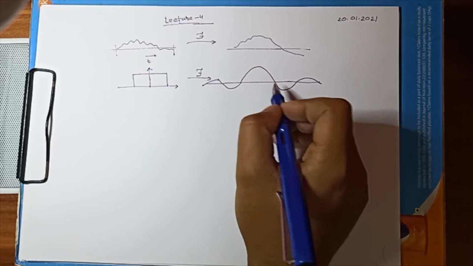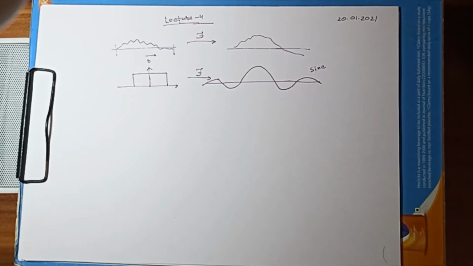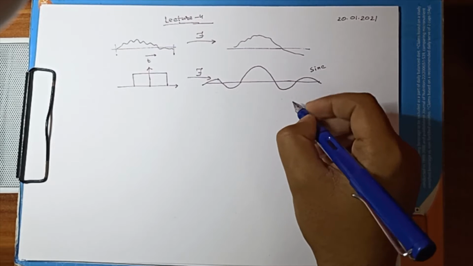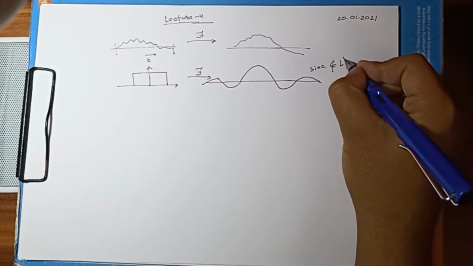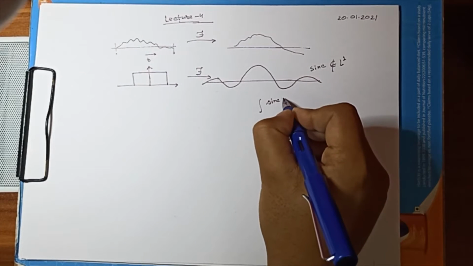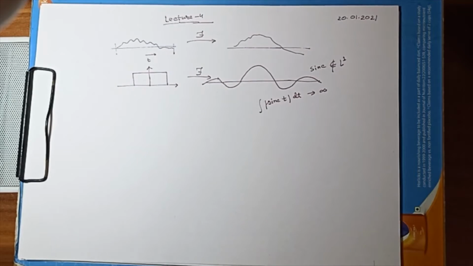Moreover, the sinc function is not a very ideal function in terms of concentration. Not only that, in terms of L1 characteristics, the sinc function is not even L1. If you integrate the absolute value of sinc t dt, that diverges, it goes to infinity.